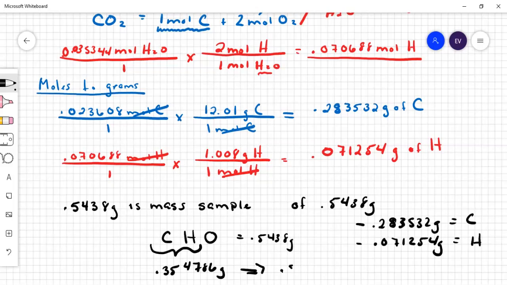I would take the total mass, 0.5438, and subtract 0.354786, the total mass of carbon plus hydrogen.